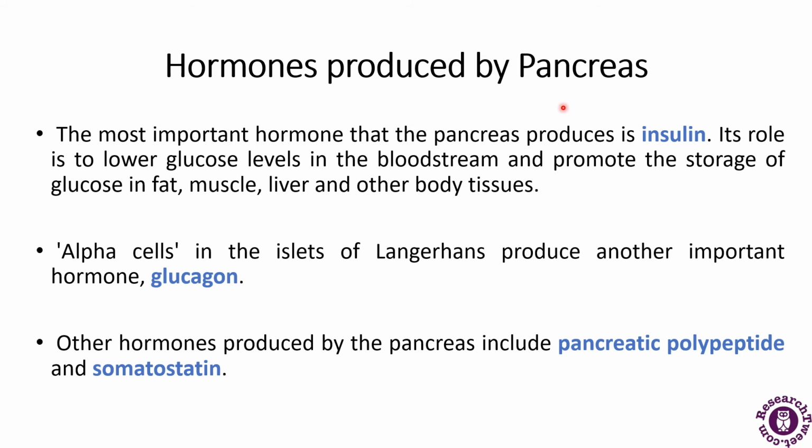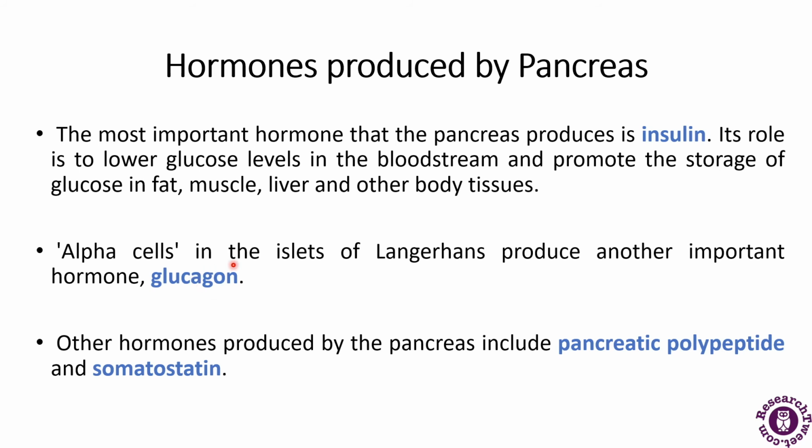Now there are alpha cells in the islets of Langerhans which produce another important hormone known as glucagon. What does this do? It has the opposite effect to that of insulin. This hormone helps by releasing energy into the bloodstream from where it is stored, thus raising blood sugar levels.